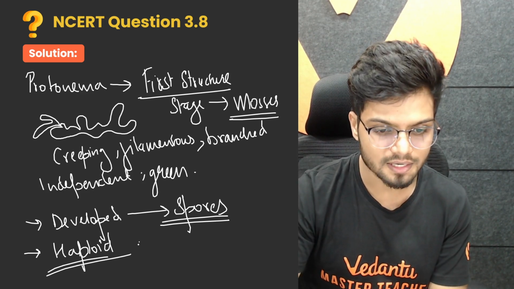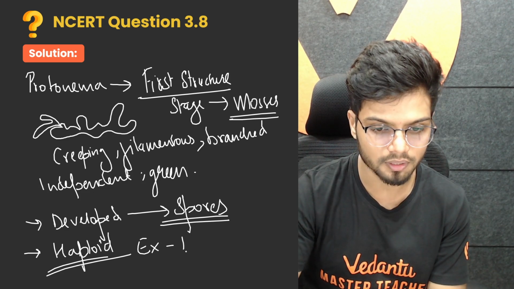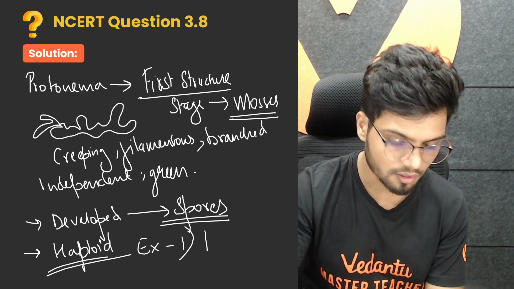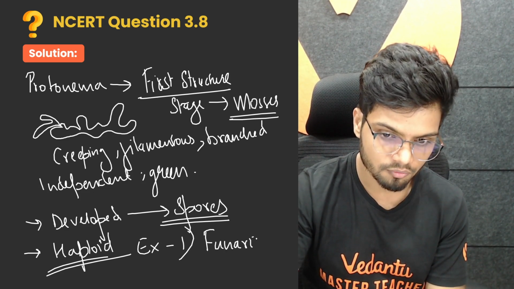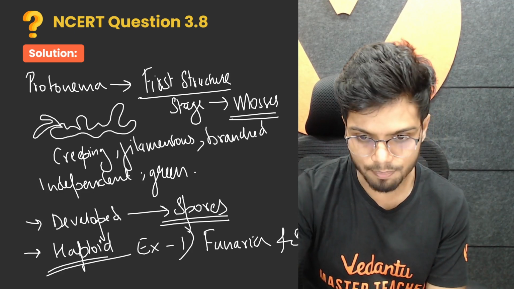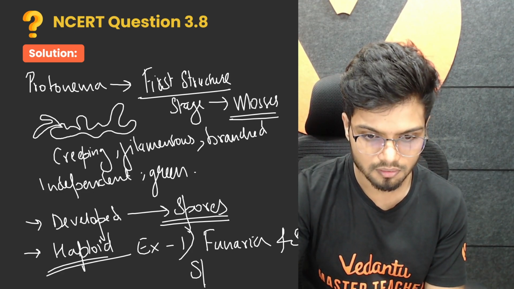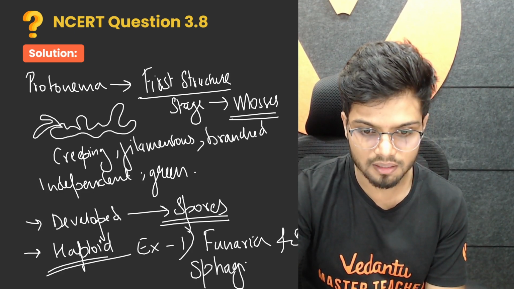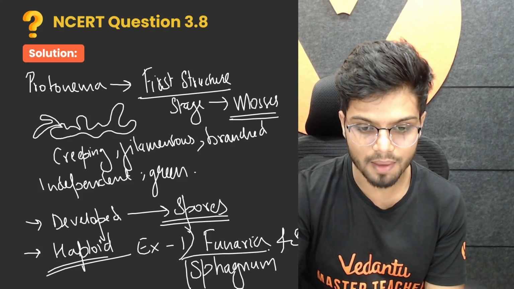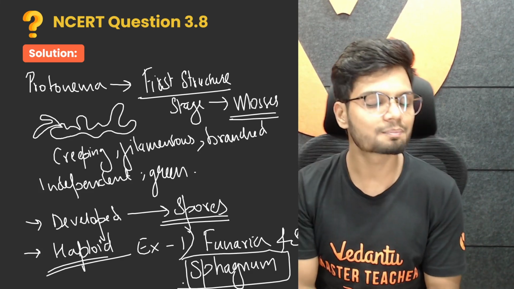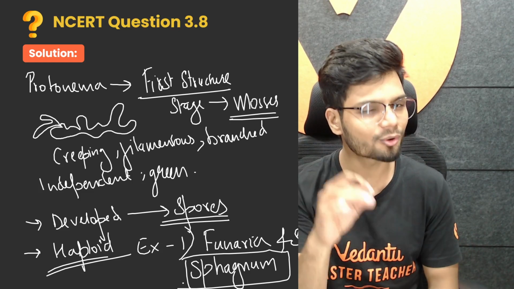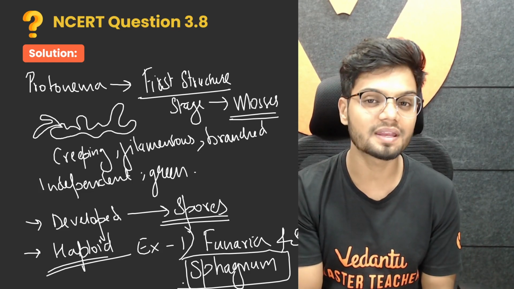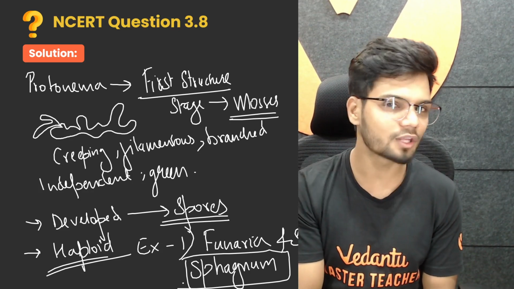Now let's quickly understand two examples because examples are important. The first example is Funaria and Sphagnum. It is the same Sphagnum which is known as what? Type it down in the comment section, what is the common name of Sphagnum? Let me give you a simple hint.